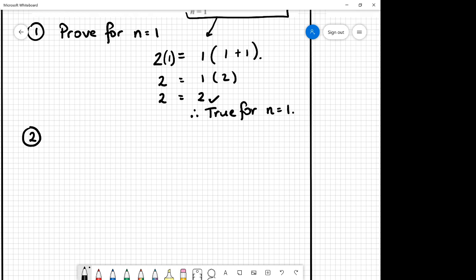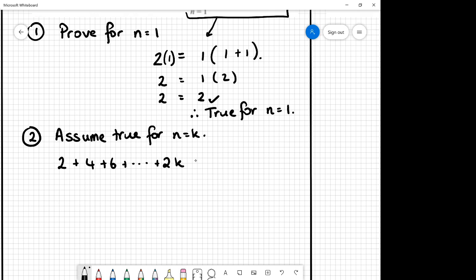Step 2 is that we're going to assume that it's true for n equals k. So that means that 2 plus 4 plus 6 plus all the way up to 2k is equal to k bracket k plus 1.